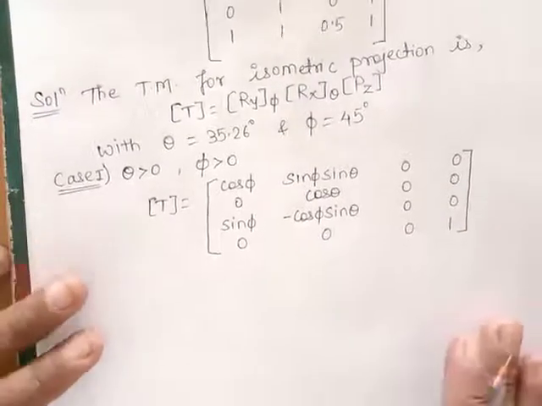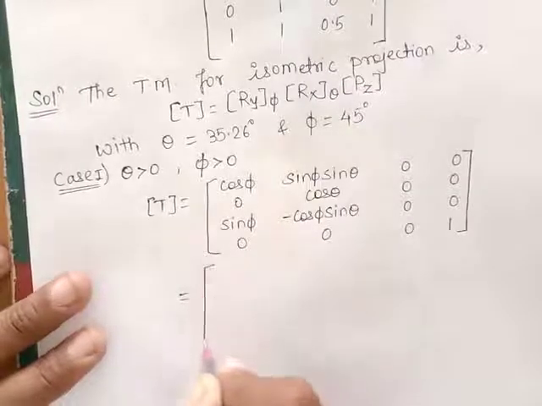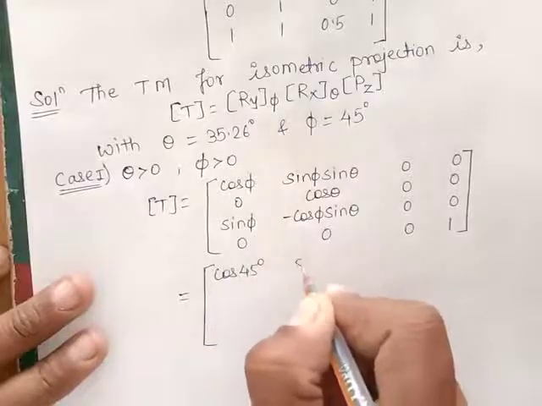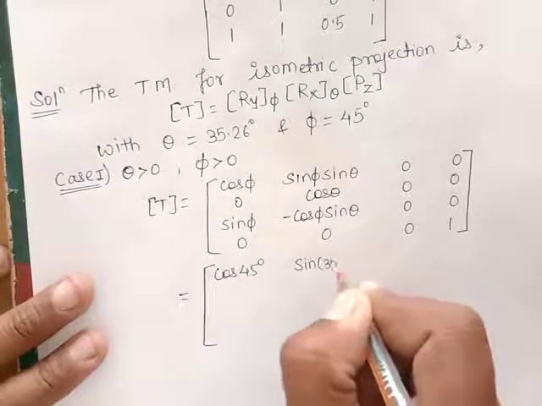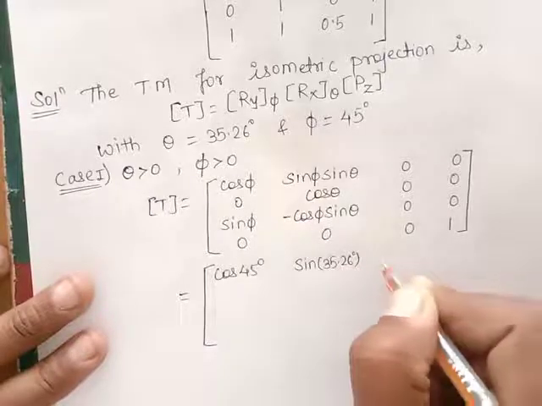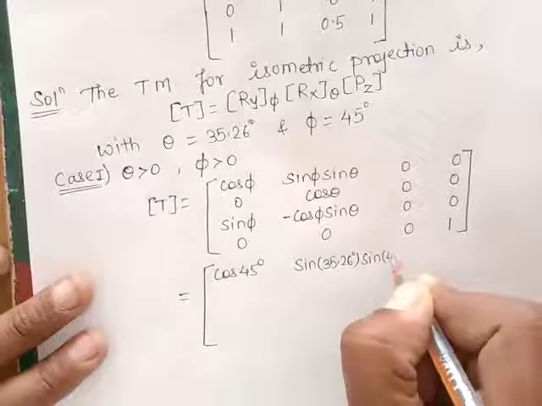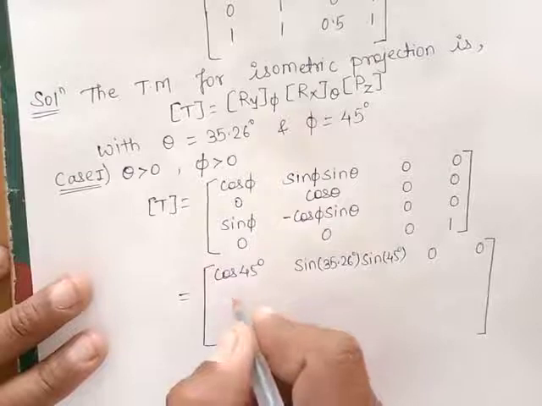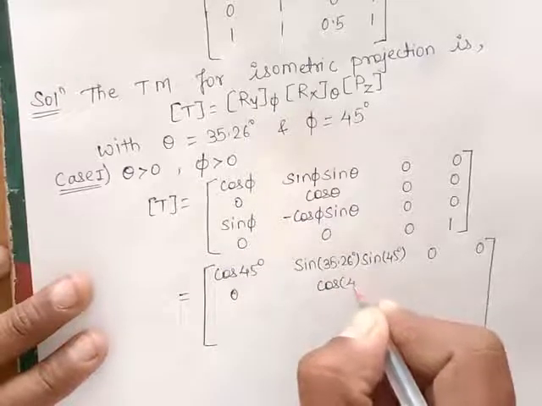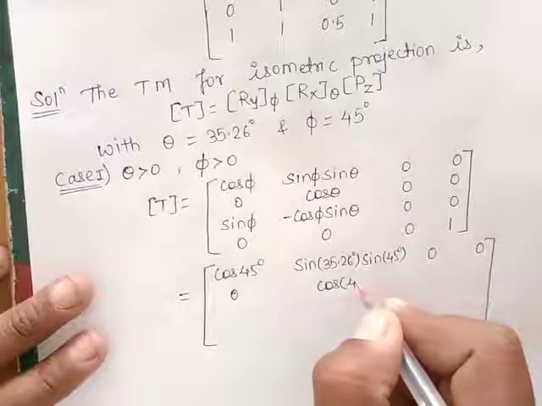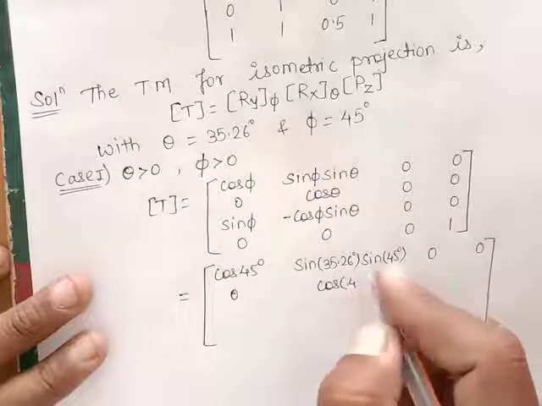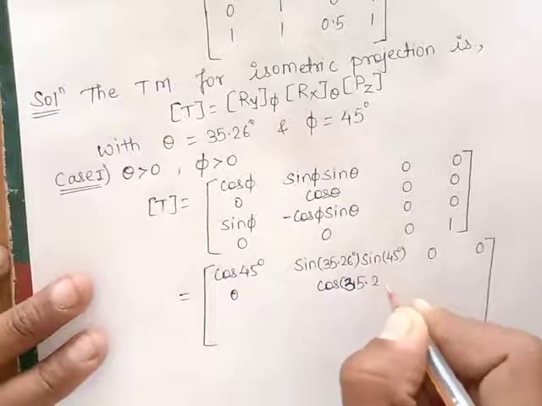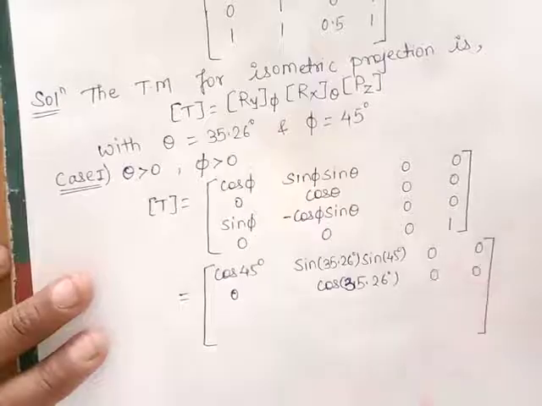Okay. So here it is cos of 45 degree, sin of 35.26 into sin of 45 degree, 0 0, 0 cos of 35.26 (cos of 45 is not there, cos of 35.26 is there), right? 0 0, right?